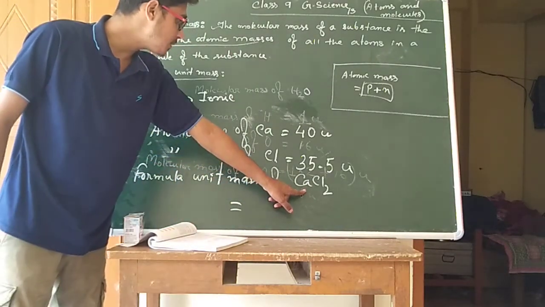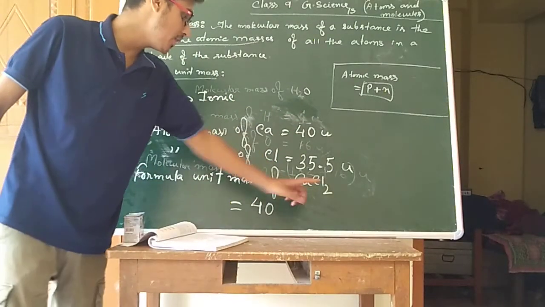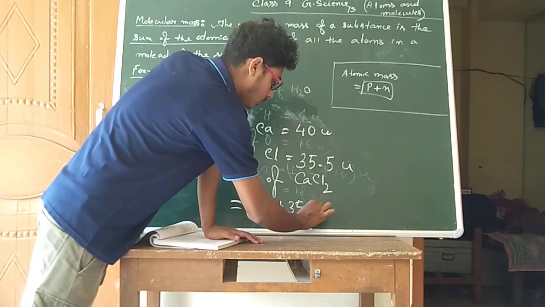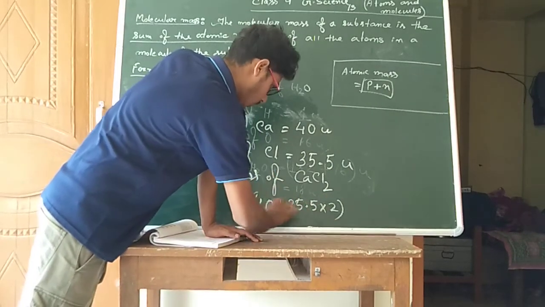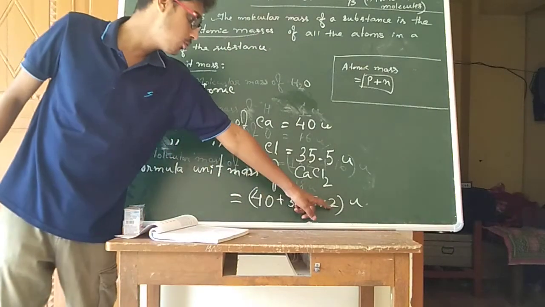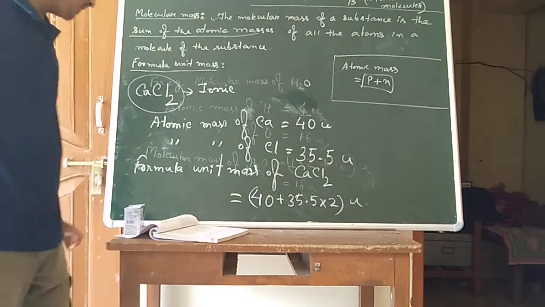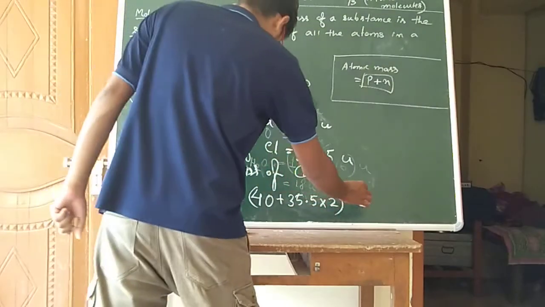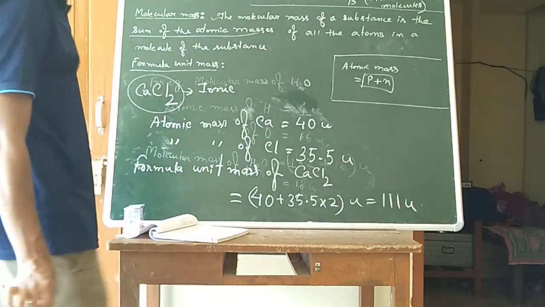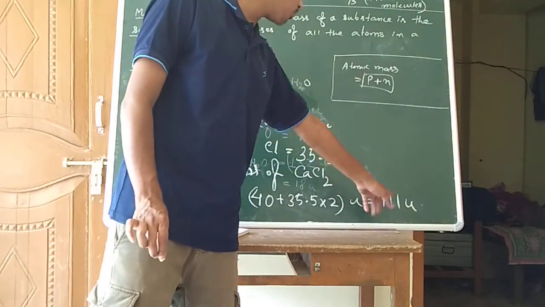One atom of calcium is present, that is 40 U. Two atoms of chlorine are present, so we multiply 35.5 into 2, which is 71. Then 71 plus 40 is 111. The formula unit mass of calcium chloride is 111 U.